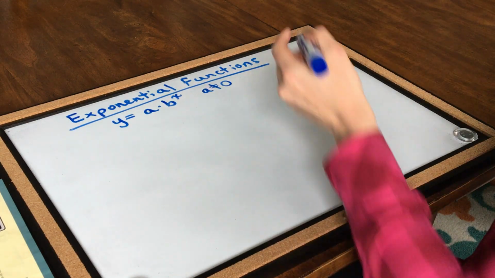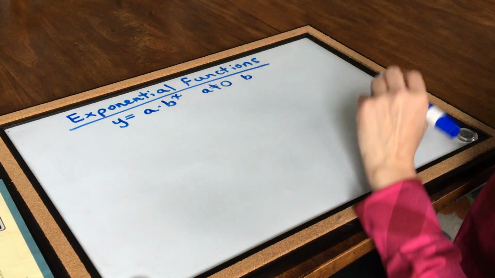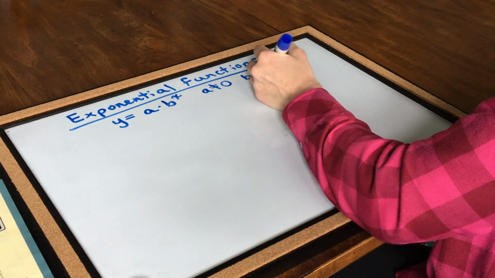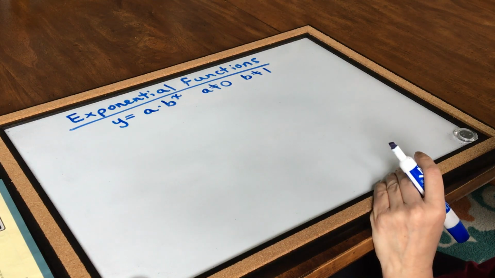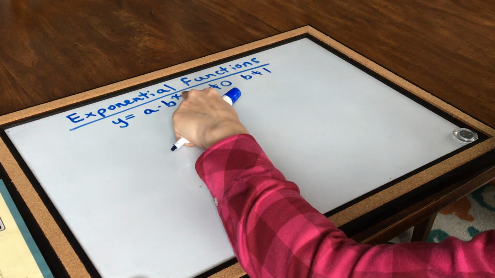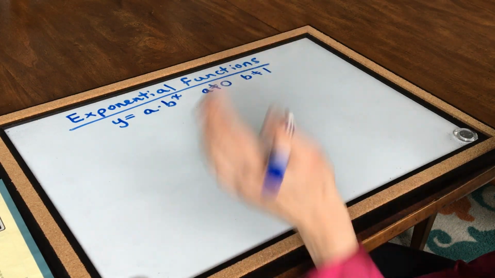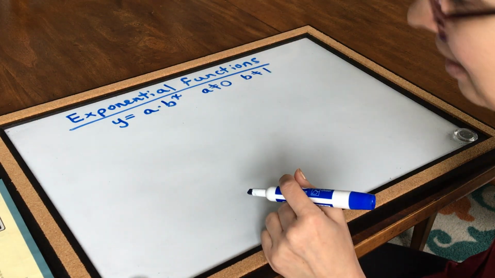They also tell us that b cannot equal 1, and that makes sense because 1 raised to any power, it doesn't matter what power it is, is just 1. So again, we get a straight line, and we can't have that happening.